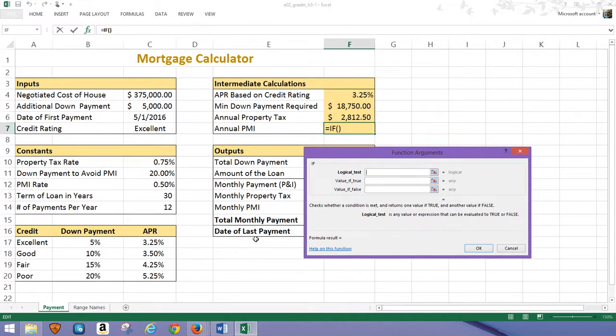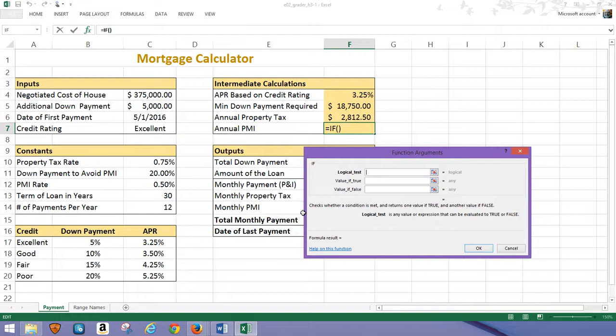Well, it says here the borrower's total down payment required and additional is 20% or more of the negotiated price. Multiply the cost of the PMI avoidance percentage, or PMI is 0. If the PMI is 0. So if the total down payment is less than 20%, the borrower has to pay the PMI.